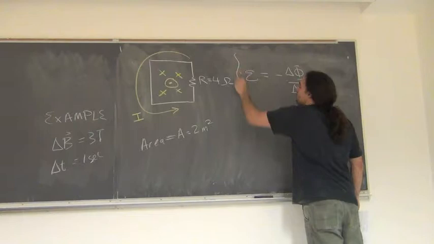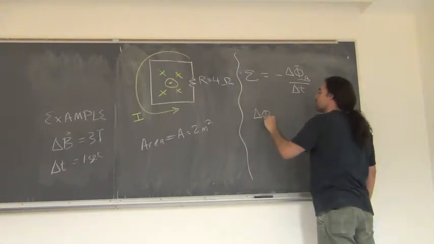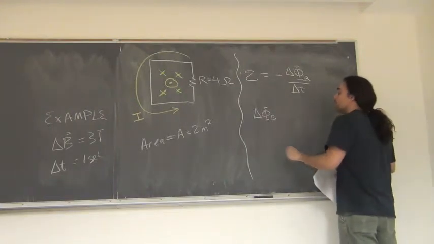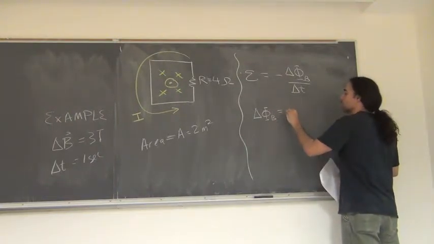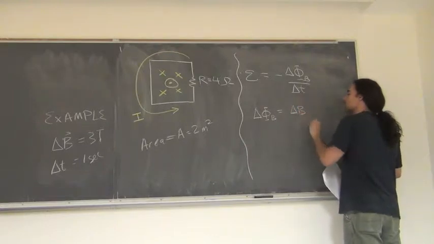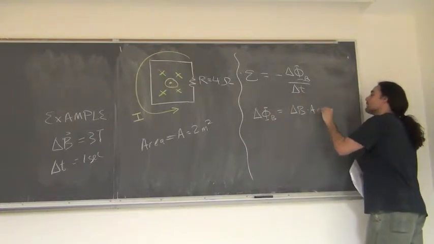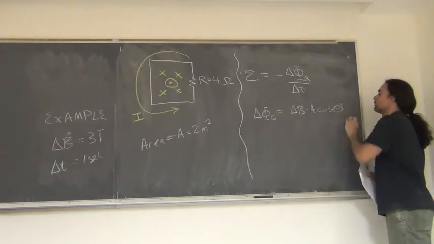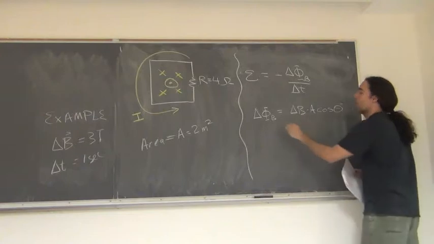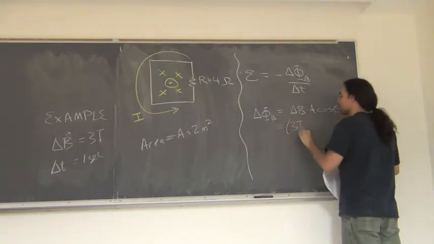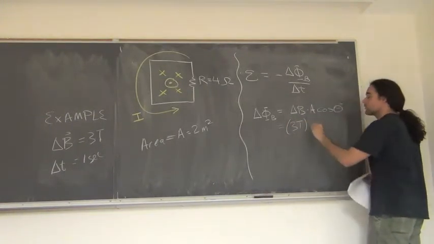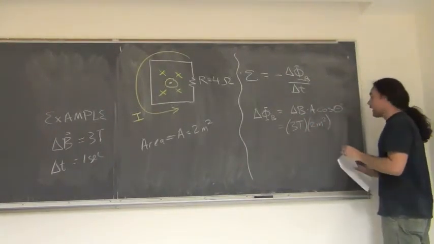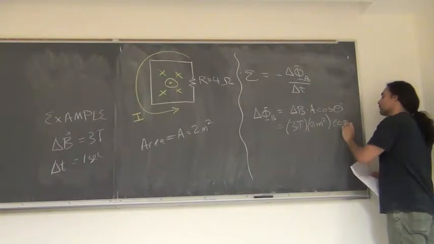So let's just compute our change in flux. That's going to be the change in the magnetic field times the area times the cosine of 0 degrees. So that's going to be 3 Tesla times the area, which is 2 meters squared, the area of the loop, times the cosine of 0 degrees.